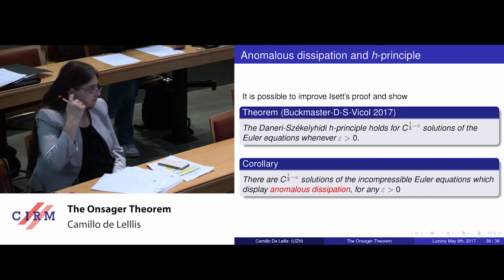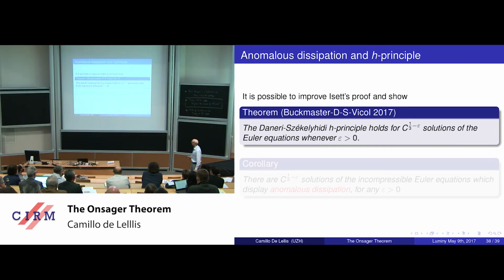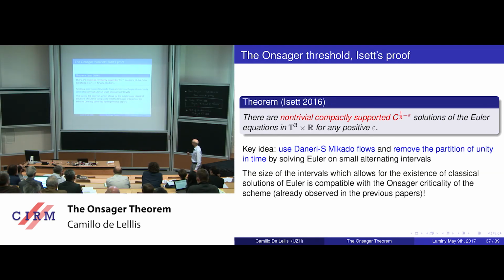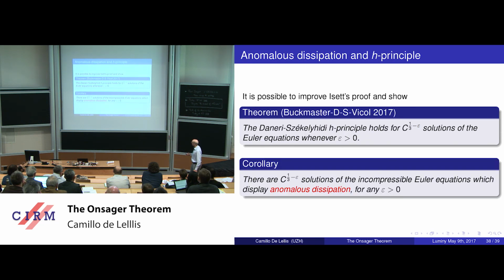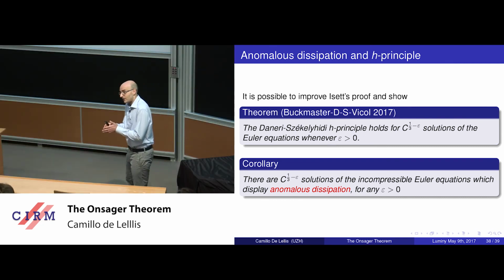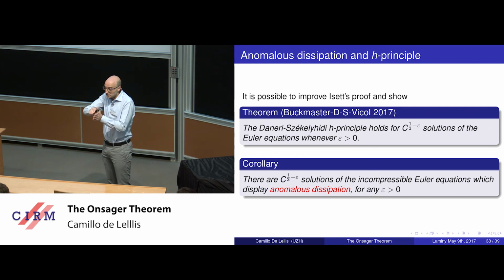As a corollary, previously he had compactly supported solutions over here. Now, by improving his proof, you can show the existence of anomalous dissipation for this threshold. So truly, C^(1/3 minus epsilon) solutions whose energy is just going down.